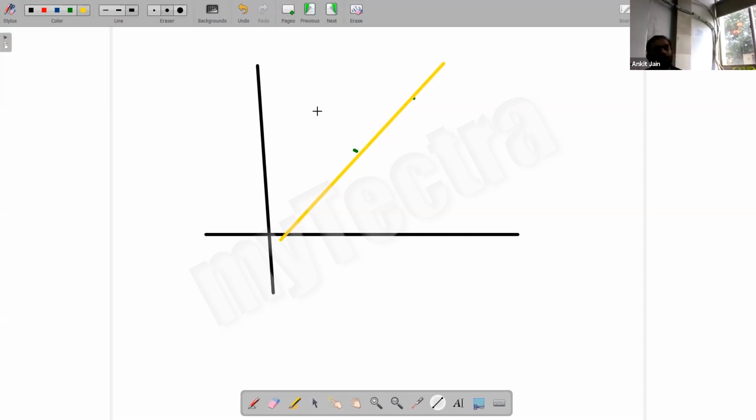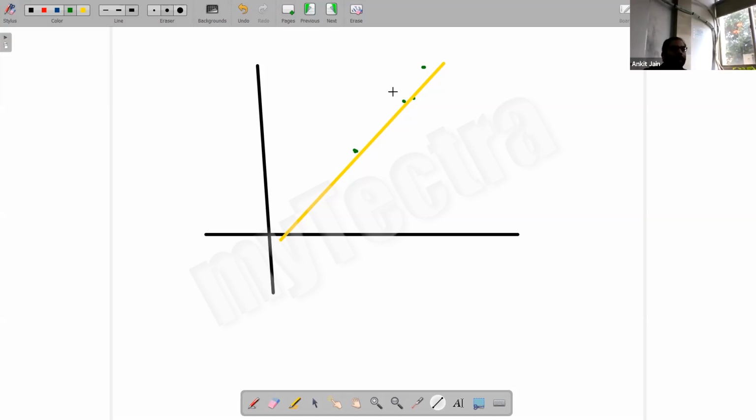So if we get a value of R square as 1, why did we get that? Because there was no other option. What I'm trying to say is, suppose you had 3 data points, or 100 data points, and the same line is able to pass through all of them.